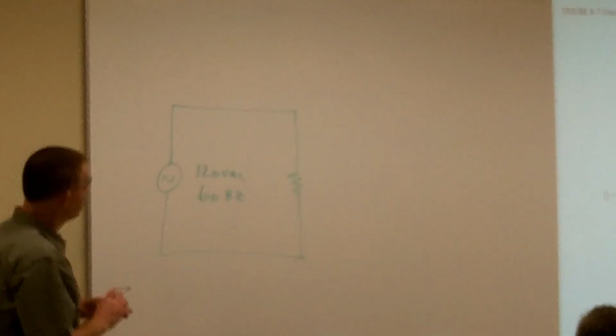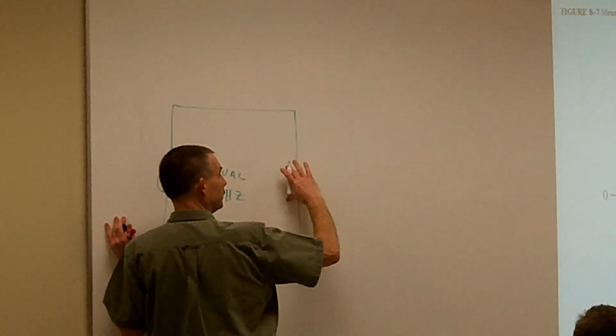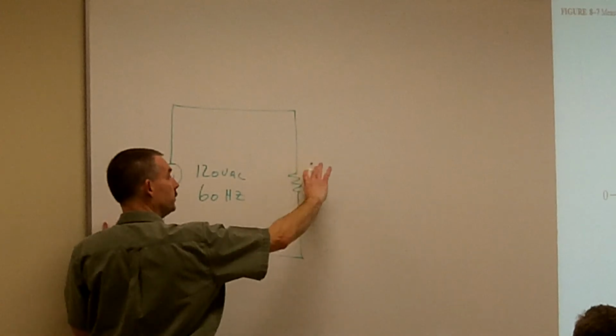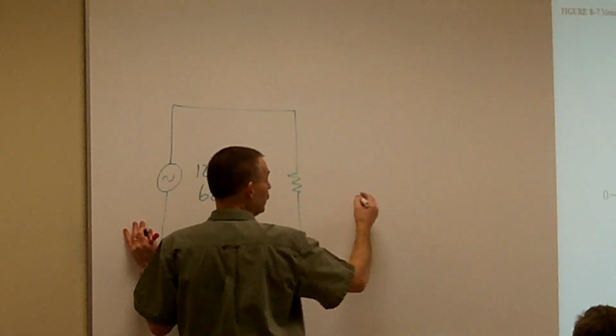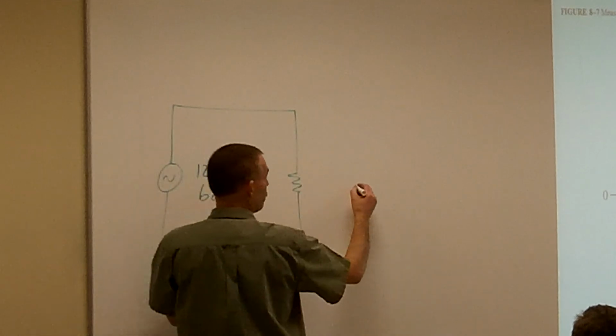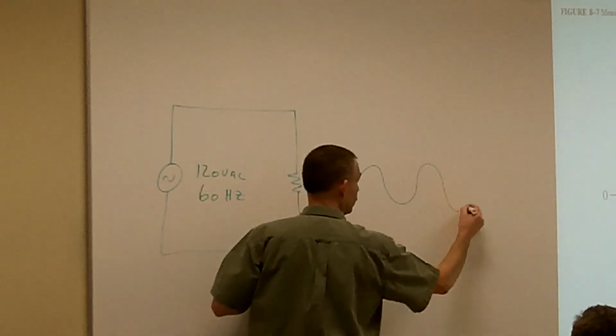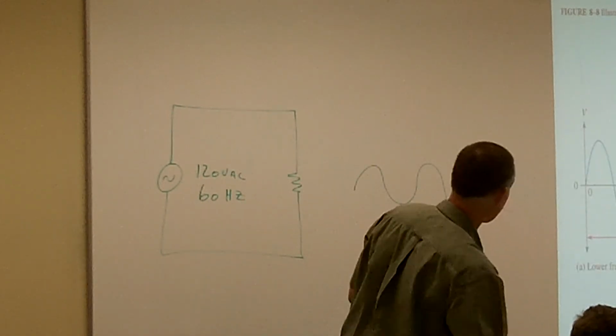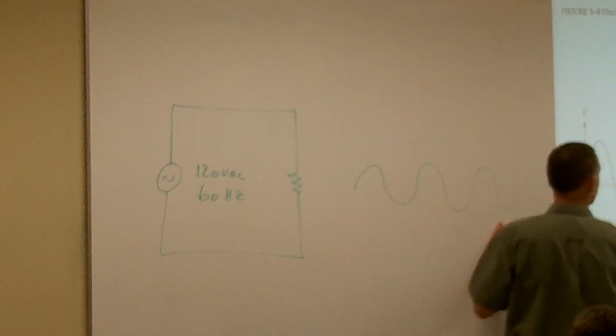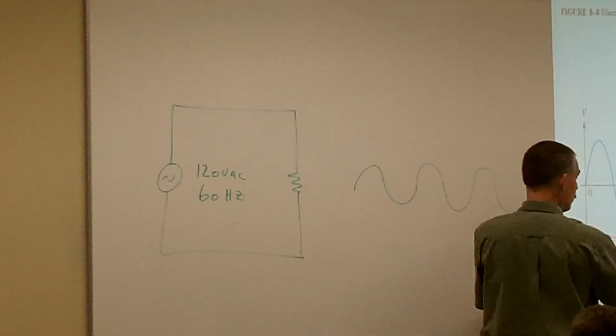Well, 60 hertz means that the voltage across this is going to change direction 60 times in 1 second. So if I put my oscilloscope on it, I'd look at a signal that goes up and down, just like this, a certain number of times in 1 second.